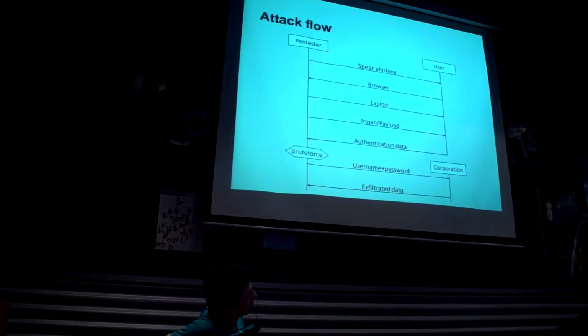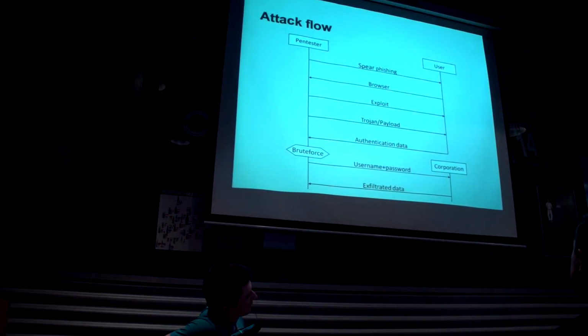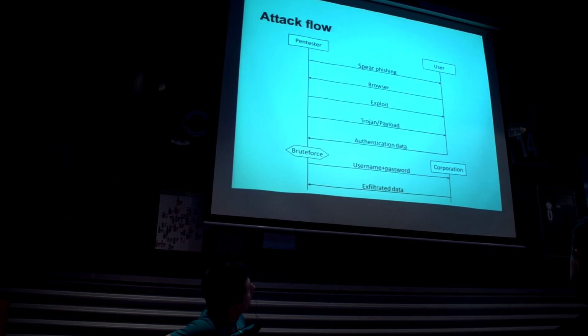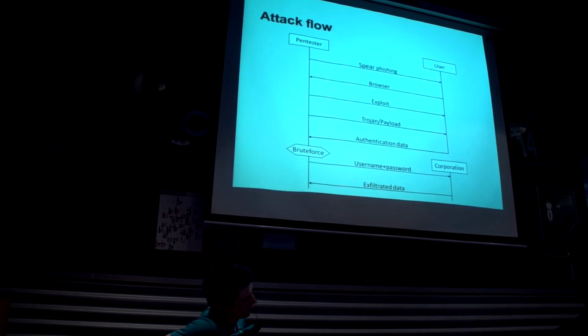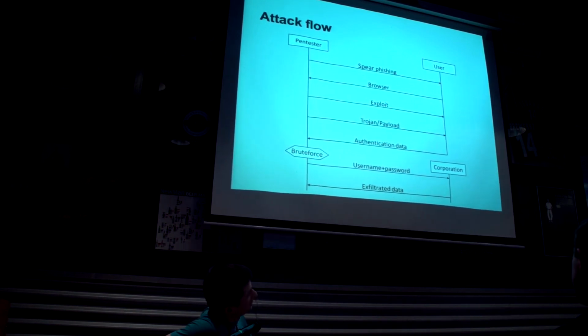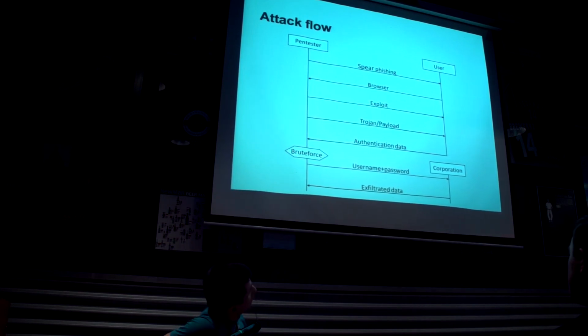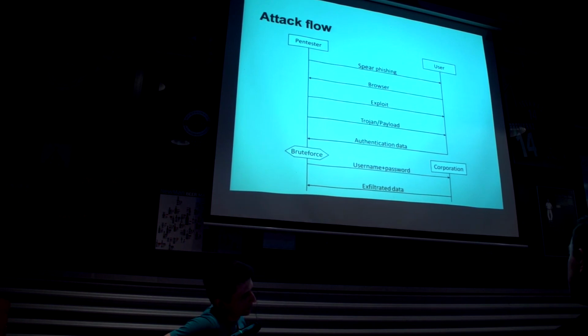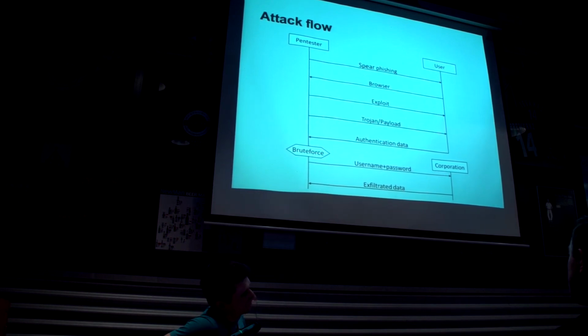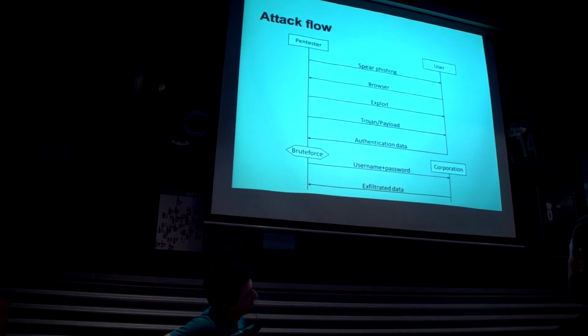So the full flow of the attack should be the following. Some kind of spear phishing, sending the user a link to your favorite exploit kit. After that, you deliver a payload or some kind of remote administration tool to the user's workstation. The user will send you back authentication data, and using that, you will brute force it.